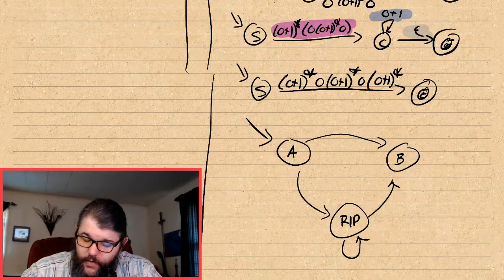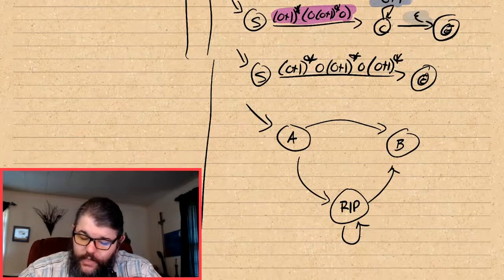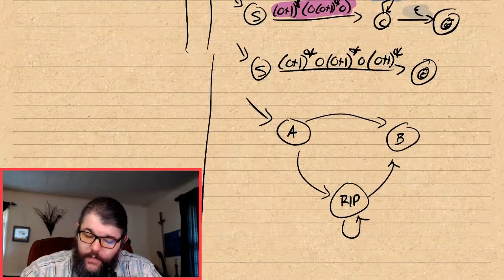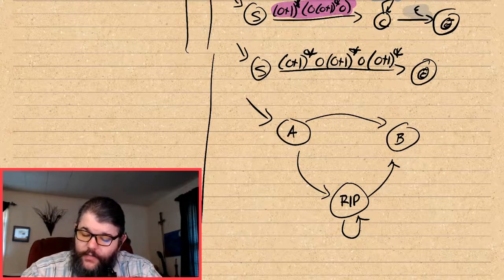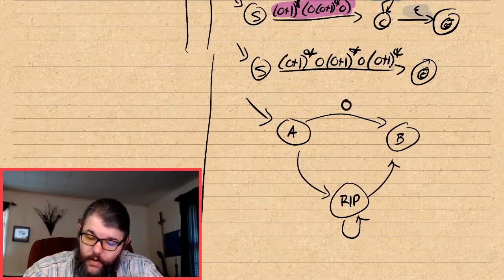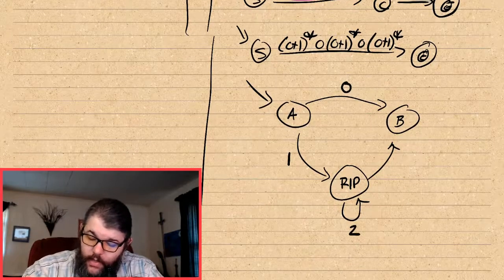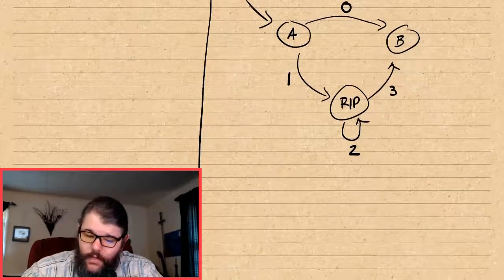So there has to be a transition from A to rip and a transition from rip back to B. And this can include itself, and this situation didn't come up for us, but if A already had a transition to B and there was a new process from A to B, then these things are ORed together. So let's say there was a 0 here, a 1 here, a 2 here, and a 3 here. So let's leave the binary behind so that I can just show you something real quick.